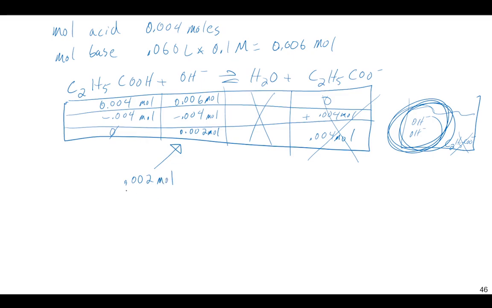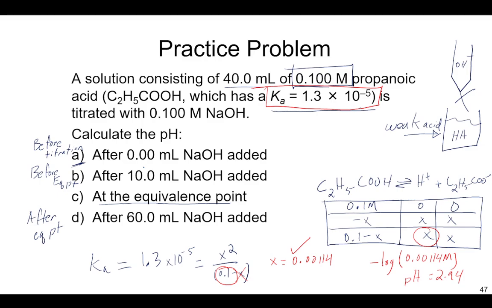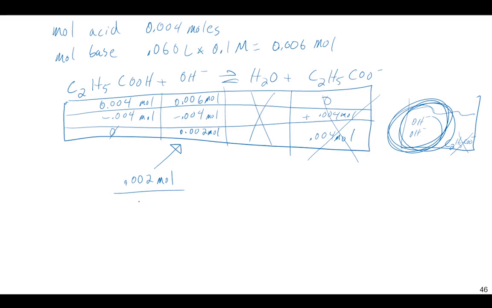And so we'll take the moles of strong base from our ICE chart, divide by the total liters here. Well, wait, what is the total liters? Well, 40 mL of acid to start with. I've added 60 mL, so that's 100 mL total, or 0.1 liters. And so my concentration here of OH minus is 0.02 molar.